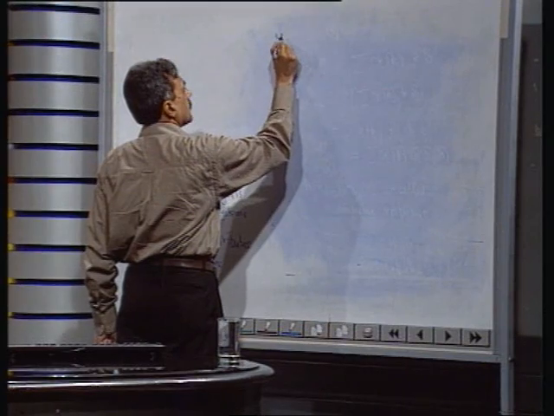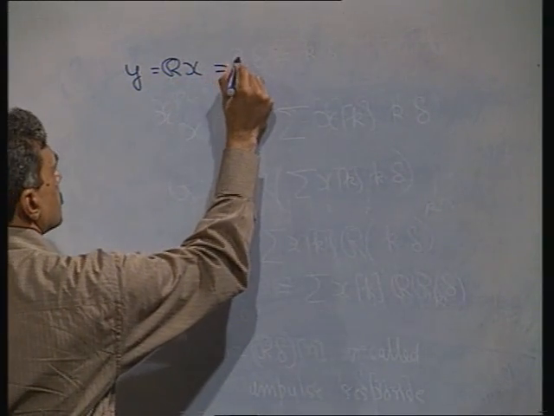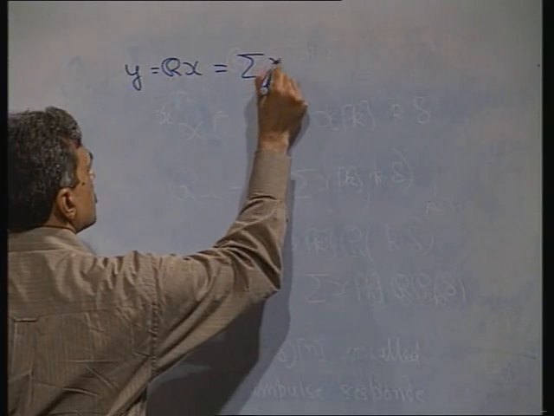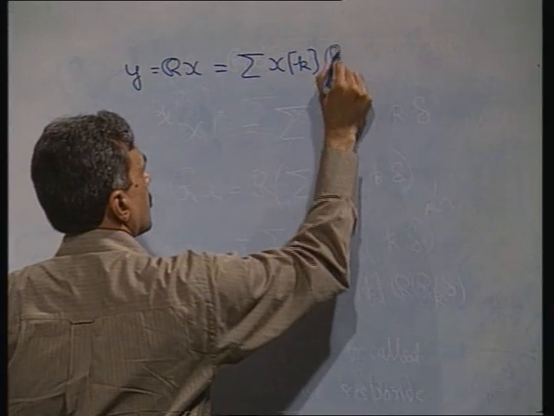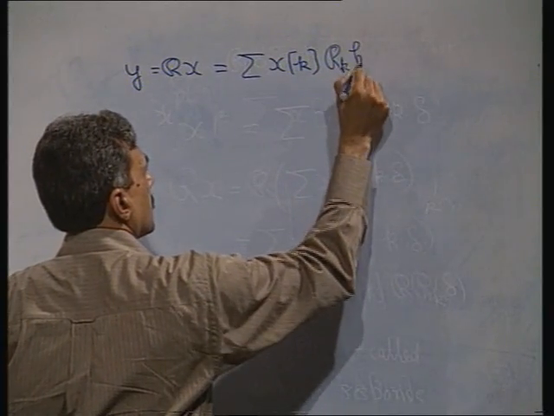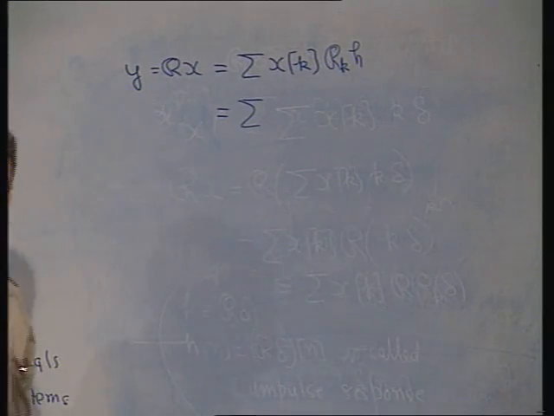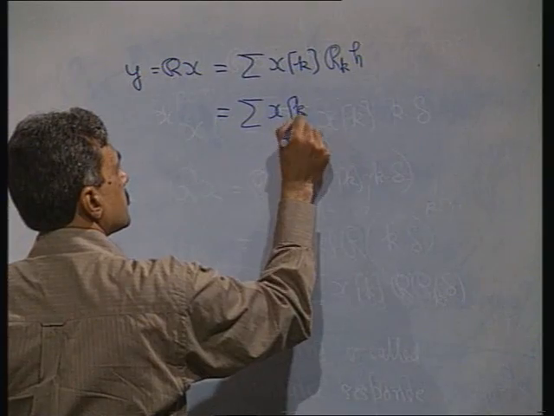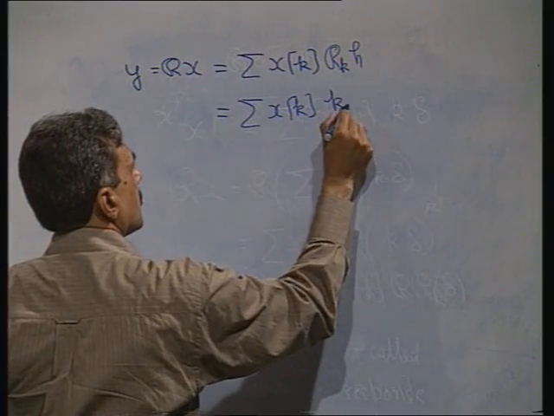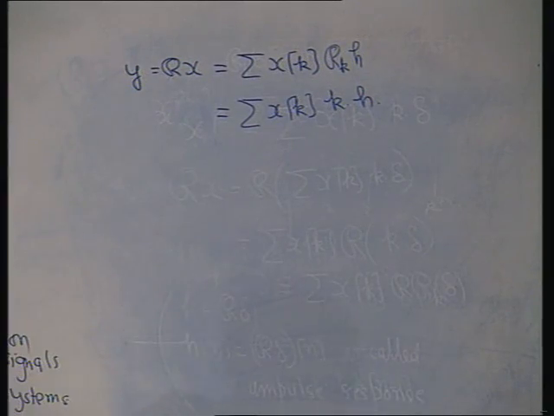Let me denote y as the response to x, which we had written as x k k R operating on h. If you remember my notation, I would like to write this as x k k dot h. K dot h is h delayed by amount k.